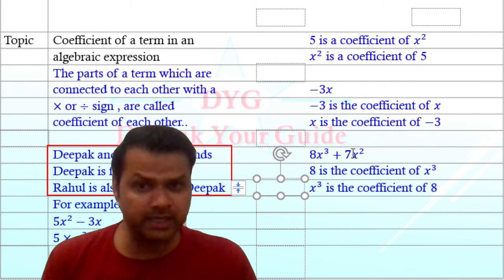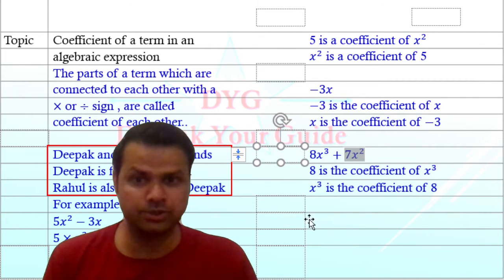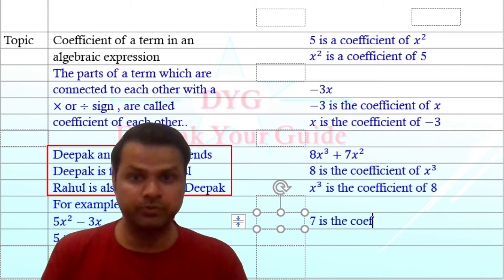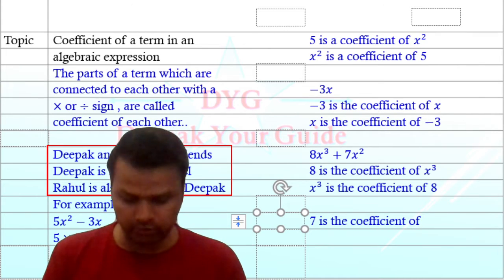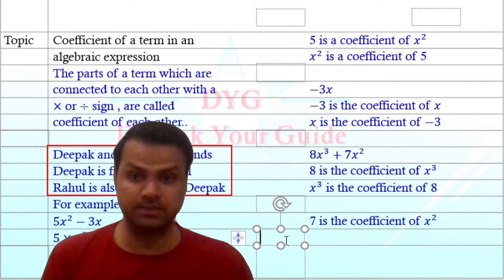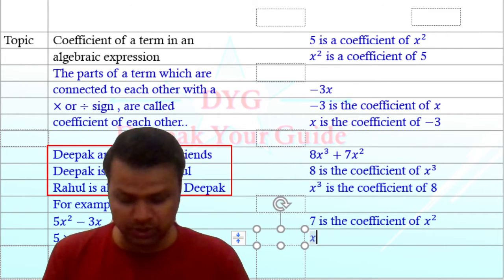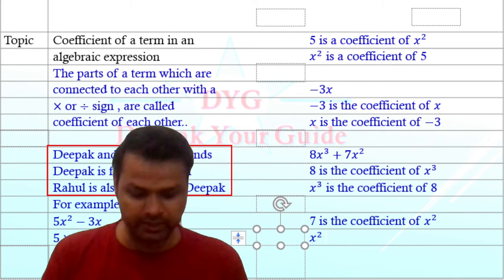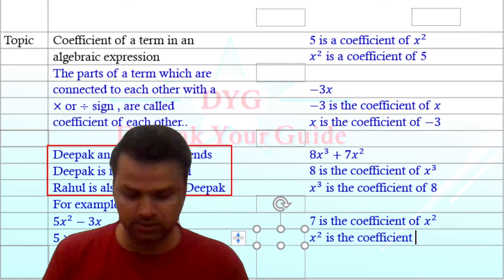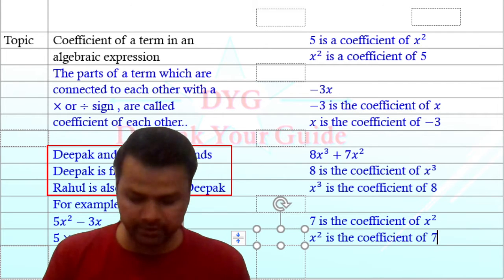Now let's talk about the second term, which is 7x squared. So in 7x squared, I can say that 7 is the coefficient of x squared. Now remember, it's from both the sides. So I can also say that x squared is the coefficient of 7.